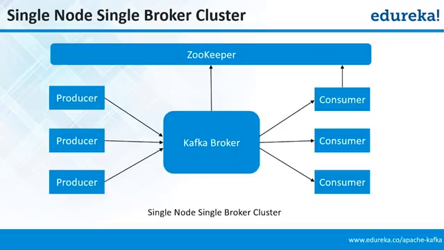These are all the steps you have to do to run your entire single node, single broker cluster. Once you finish all these things, you are ready to publish and subscribe messages between your producer and your consumer on whatever topic you have created.